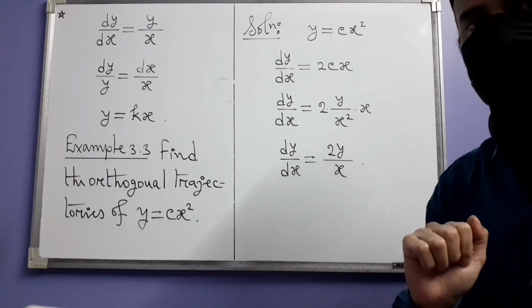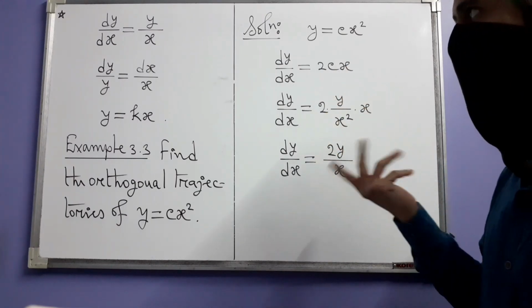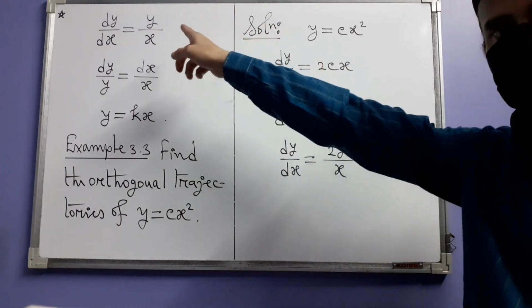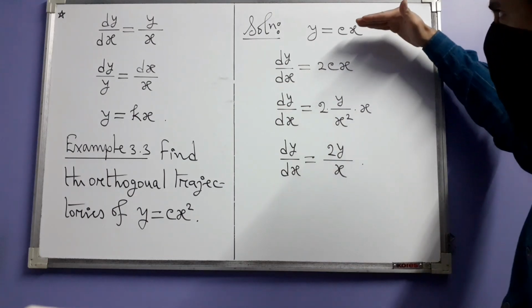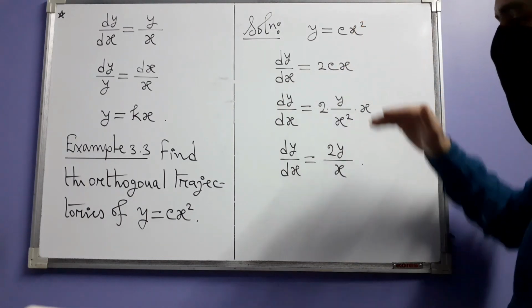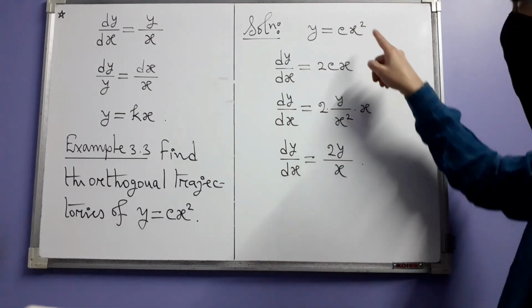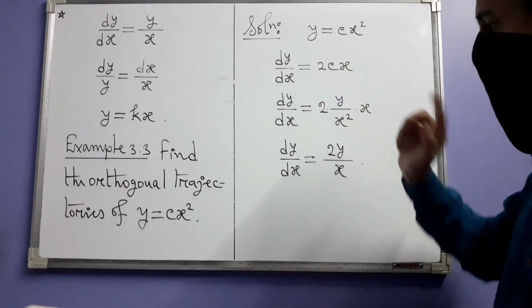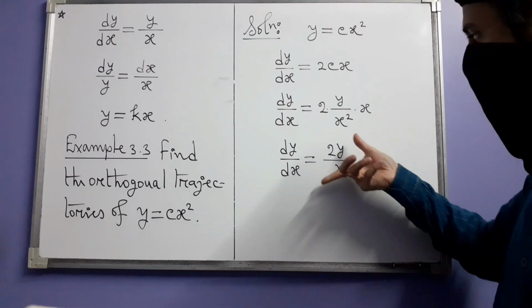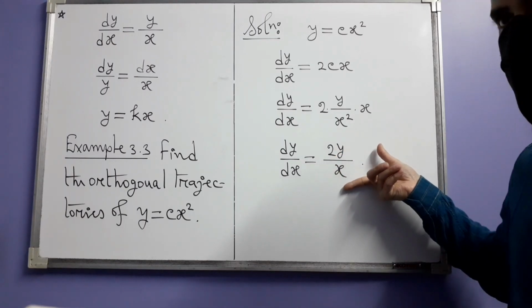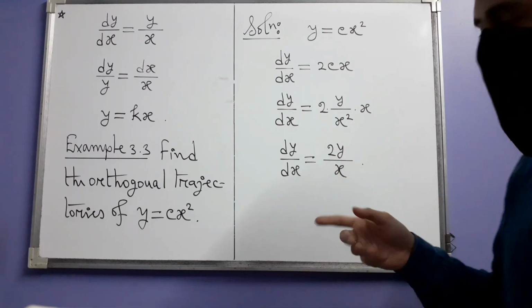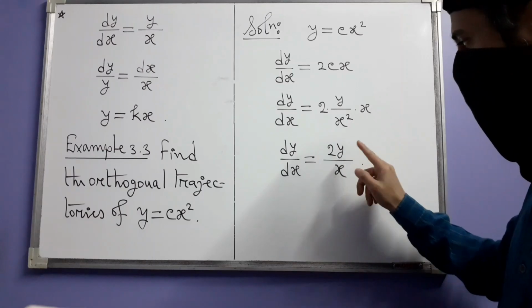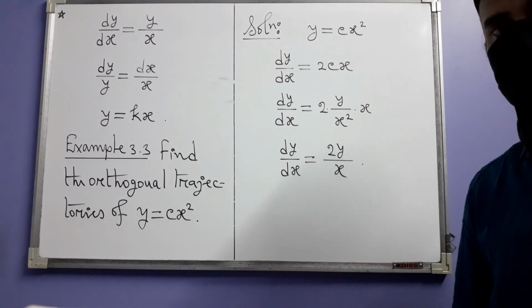But here there is a difference. You still have c, which you did not have in the previous example. So that means using this equation and this equation, you have to eliminate c. From the original equation, you get c equal to y divided by x squared. So that way, finally you get this equation where there is no longer c, and the right hand side is 2y divided by x.